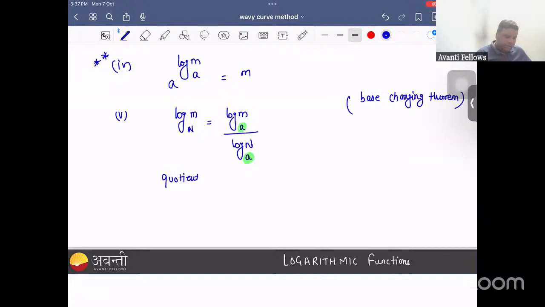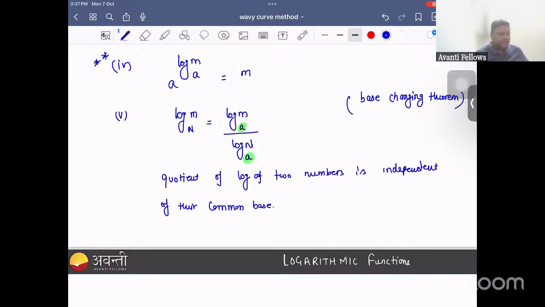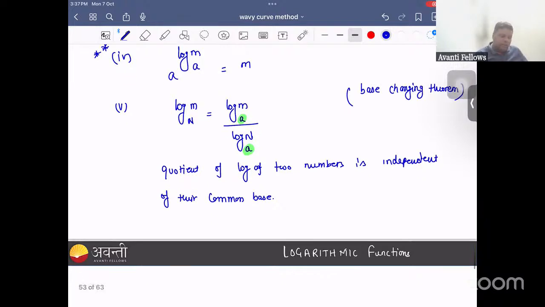So quotient of log of two numbers is independent of their common base.